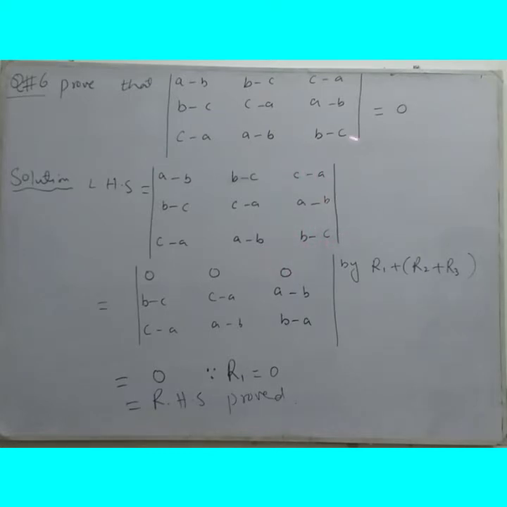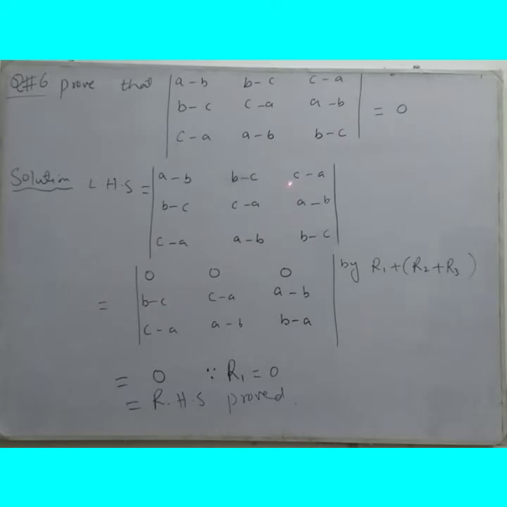In your book, the last term of this determinant is not given correctly. The correct term is b minus c, not b minus a. There b minus a is given, which is not correct. So you have to use b minus c over here as the last term.